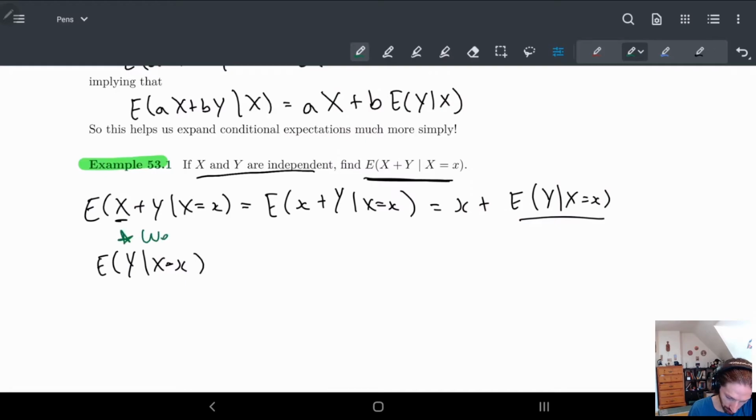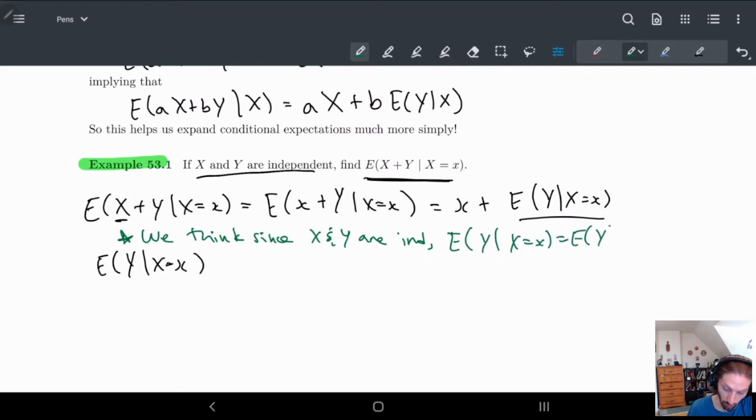We think that since X and Y are independent, the expected value of Y given X equals x equals the expected value of Y. We think this is true, so let's actually show it.